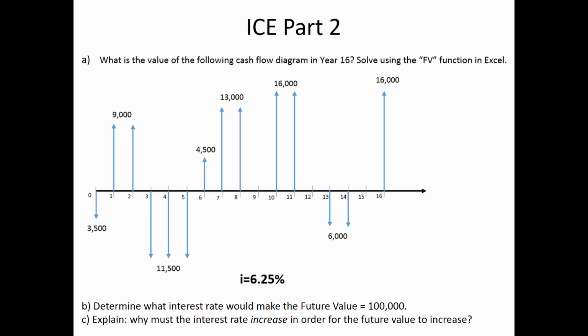Our end value will be how many years is it until year 16. So our column headers are going to be year, years until year 16, amount, and then future value of amount. And remember, there's that function equals FV that you can use.